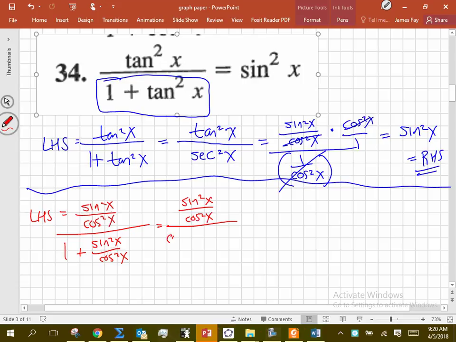So now this one here would be cosine squared x over cosine squared x, plus sine squared x over cosine squared x, right? But now that denominator is just cosine squared x, common denominator. And now what does that numerator there become? 1.